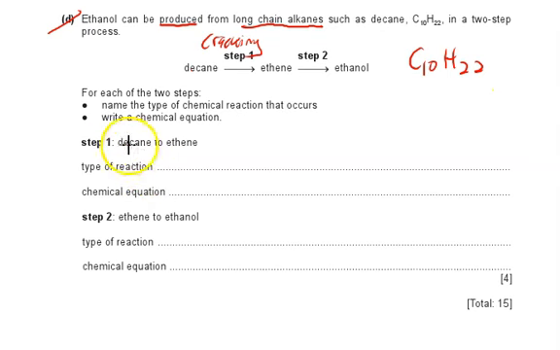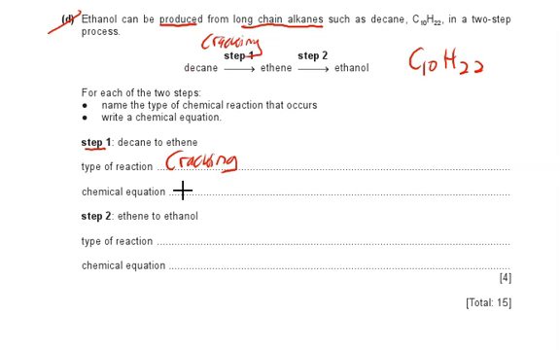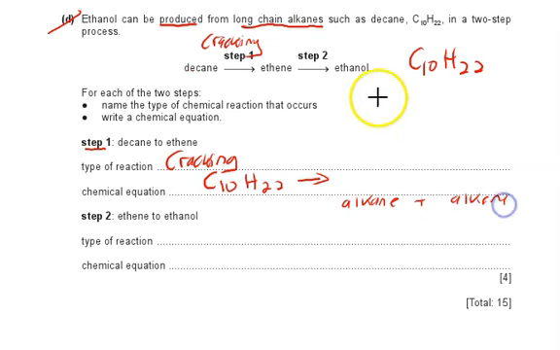Okay, now the first step, let me complete the first step first. Okay, this is cracking process as I explained to you, and the equation C10H22, and they will form, one is a alkane, another one they will form is a alkene.